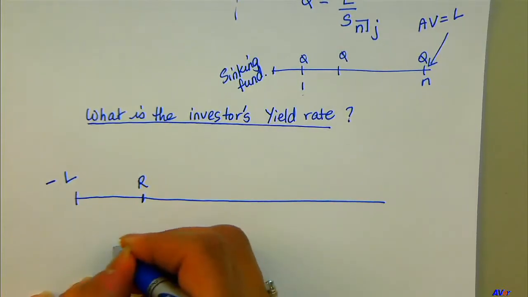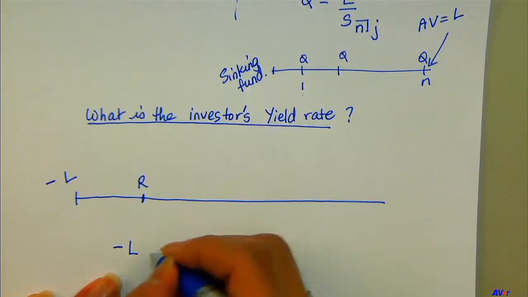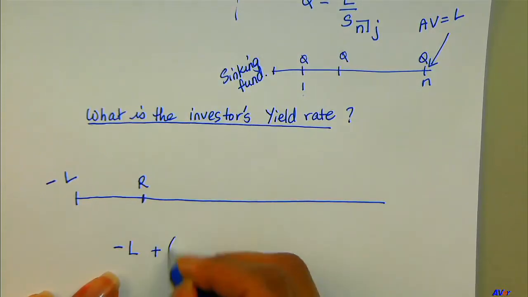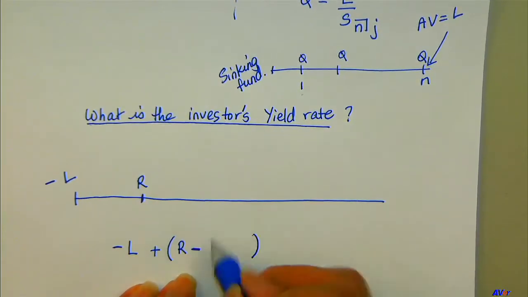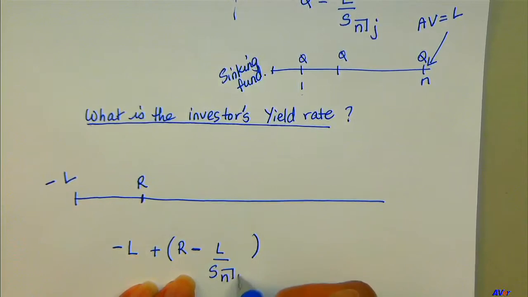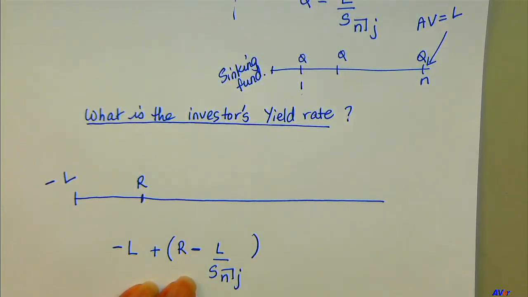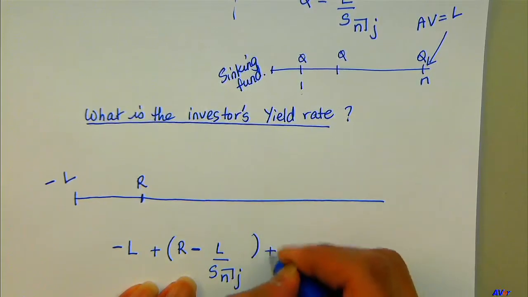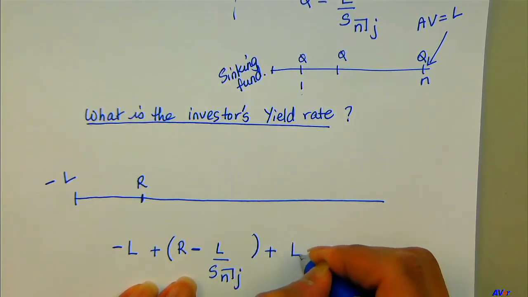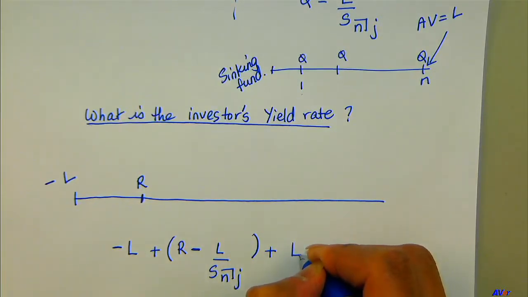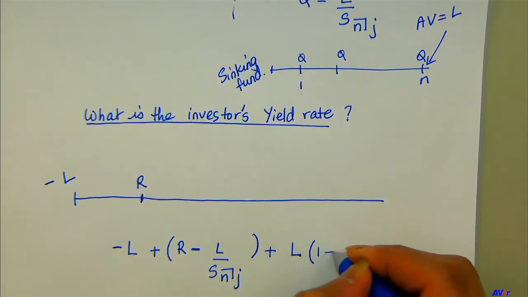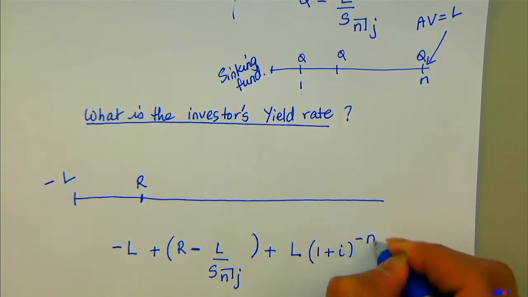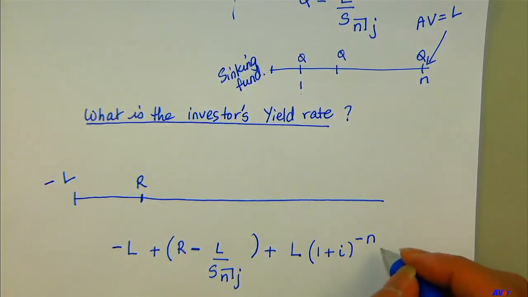So let's write that: minus L, plus the bank gets back some amount, R minus L over s angle NJ, plus the bank also gets back the L, but the bank gets back the amount L from the sinking fund at time N. So I have to discount that amount back to time 0. So L times (1 plus i) to the minus N power equals 0.